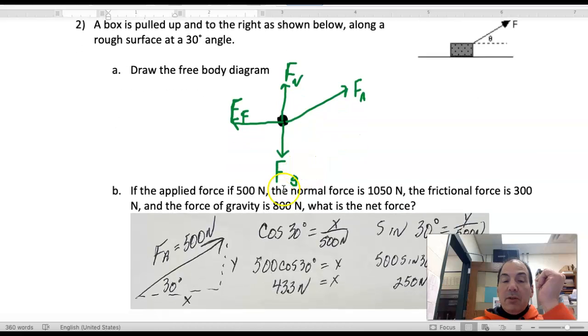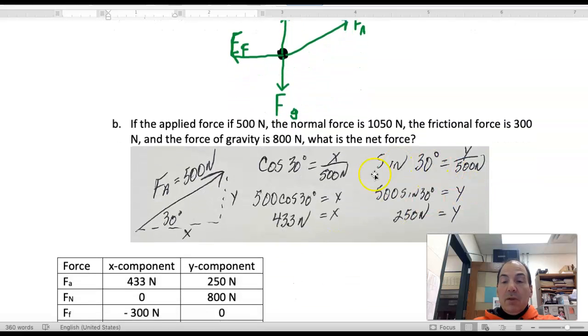We have to break it down into a triangle and talk about how much of it is to the right and how much of it is up. We know the hypotenuse is 500. We know the angle is 30 degrees. That was given. So cosine is adjacent over hypotenuse. So the cosine of 30 would be x over 500. So that means 500 times the cosine of 30 is x, and that means x would be 433 newtons.